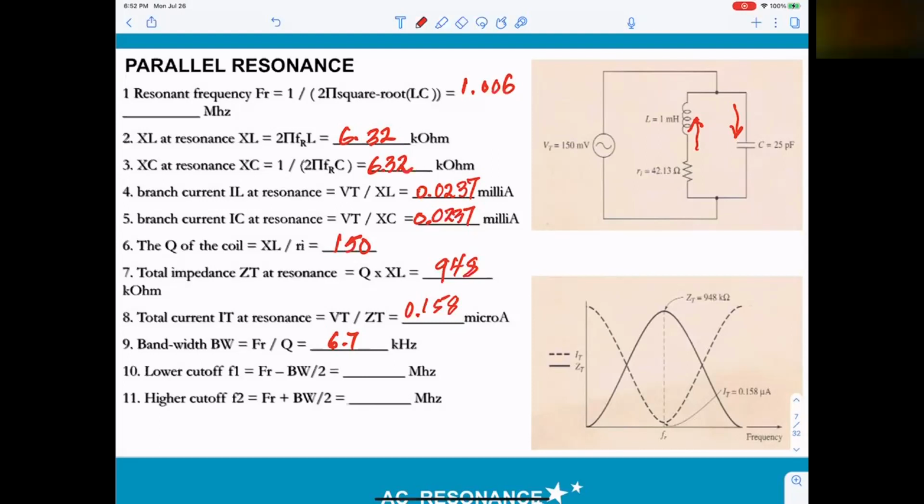So the low end on that, Mr. Pham, is going to be 996.7. Remember, they're talking about megahertz, right? Oh, they wanted to make it, okay. So 0.996667, whatever.